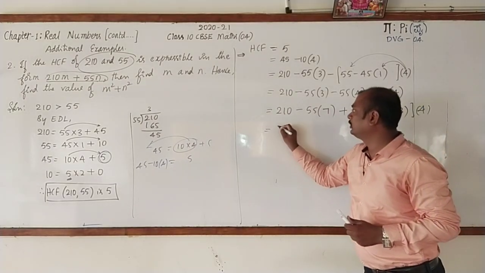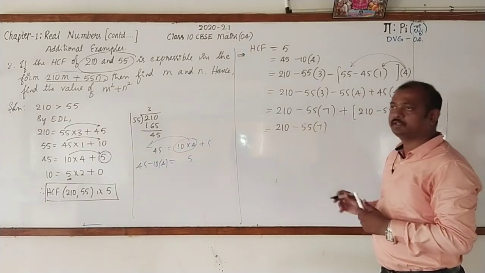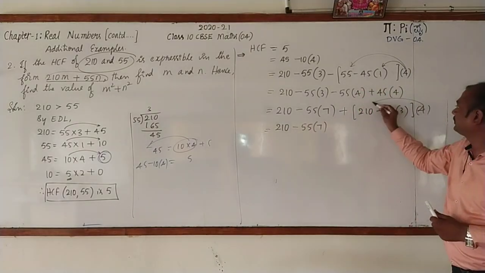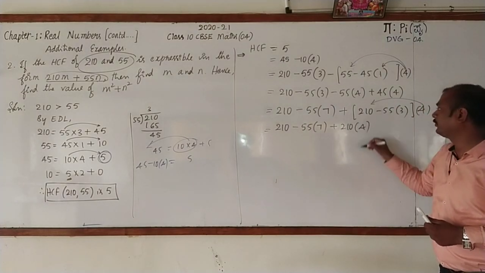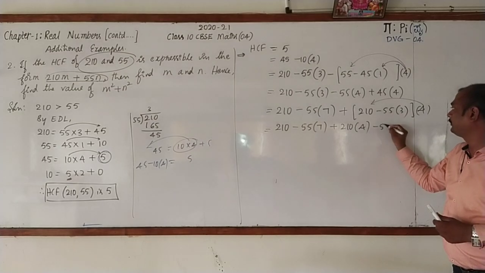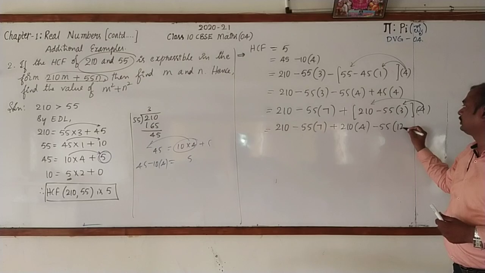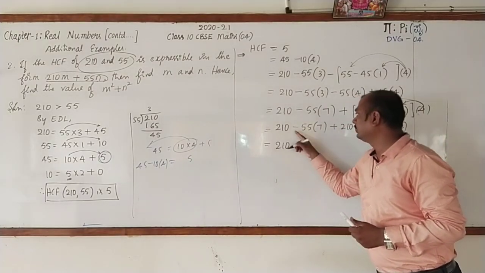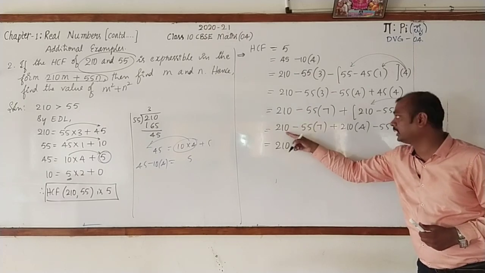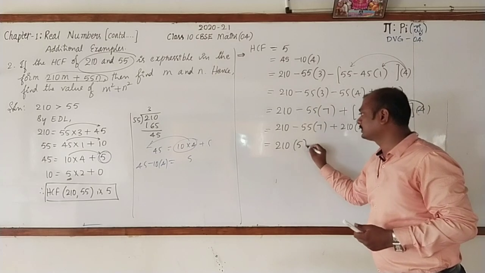It is equal to 210 minus 55 7 times. Now multiply 4. 210, how many times? 4 times. Minus 55, multiply 4. 4 3s are 12, 12 times. It's equal to 210. Here how many times? 1 time. Here 4 times. Altogether 5 times.